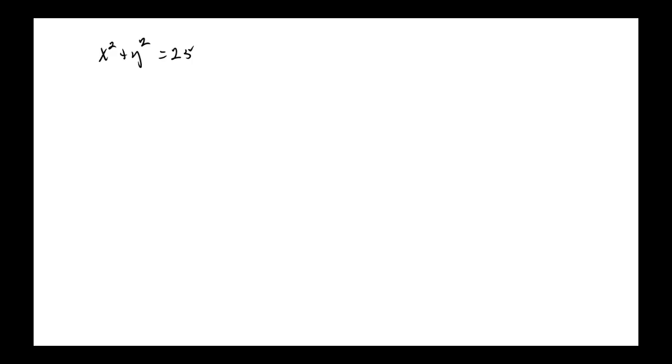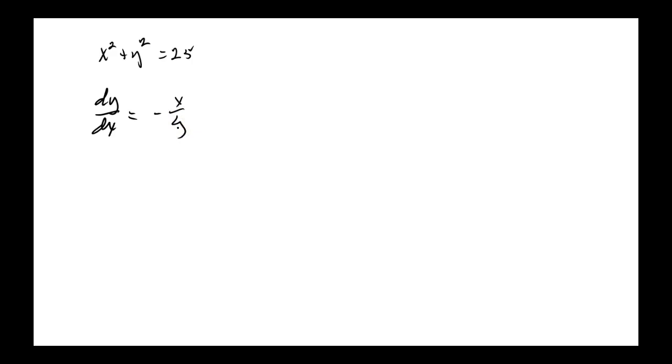This is a circle. Is that a function? No, because it fails the vertical line test in certain places. So therefore, it's not a function. It is a relation. But it is an implicit solution of this differential equation, dy/dx is equal to minus x over y.